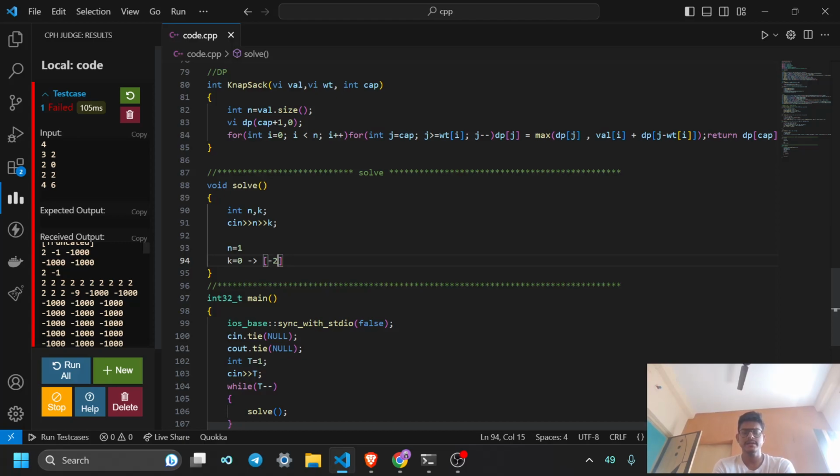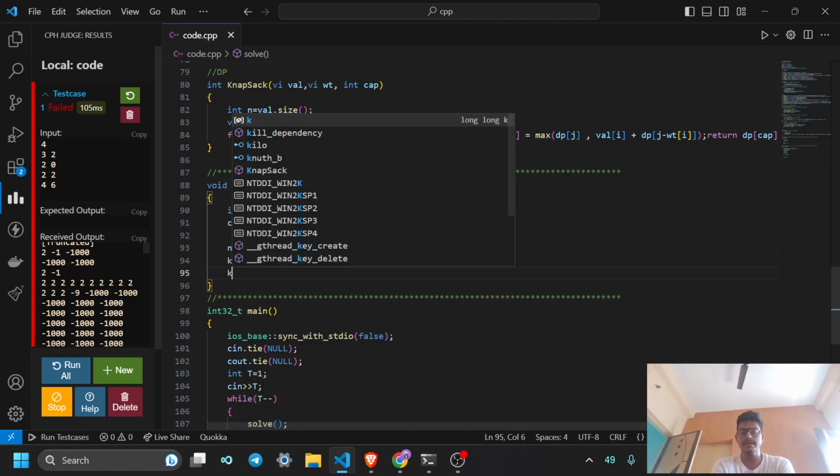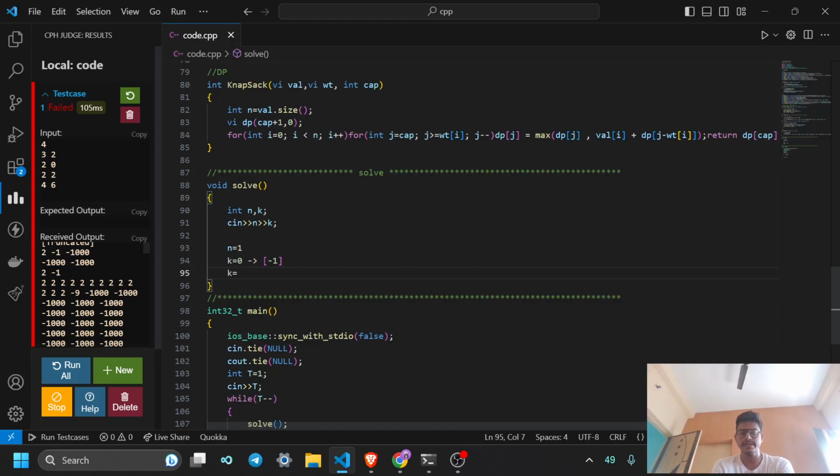Any number you can take, that is not a problem, so I am taking minus 2 or minus 1. I just work with the subarray sums, not with the numbers; I can put any negative number. If k equals 1, then what happens? This is the case for n equals 1, with k equal to 0 or 1.